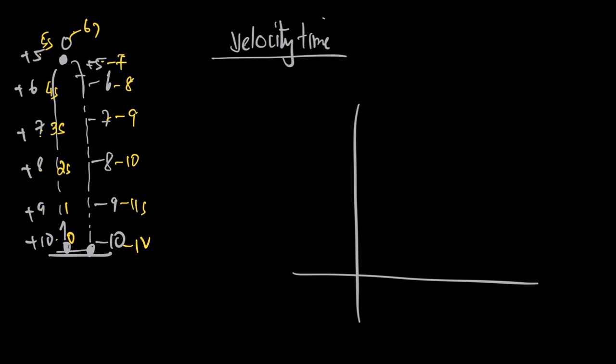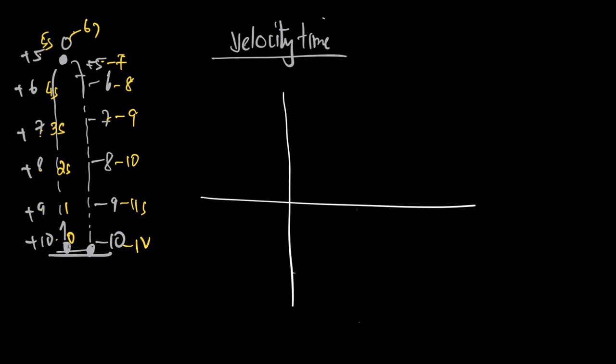Now, what we can see from the graph here is, this is velocity, this is positive velocity, negative velocity, and time, right? 0, 1, 2, 3, 4, 5, 6, 7, 8, and 9.